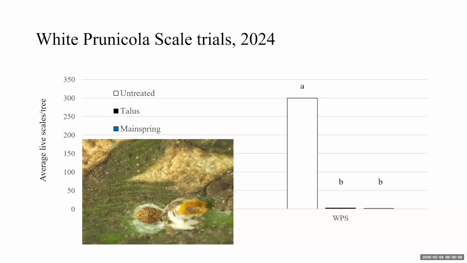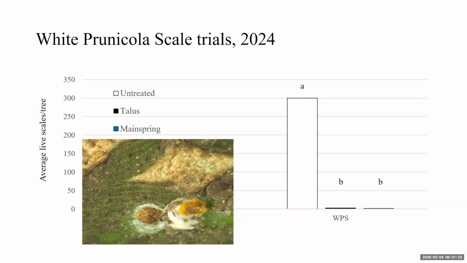We did a treatment two summers ago, looking at aerial applications with a drone in a nursery, and we compared Mainspring to Talus. What we found when we flipped over covers, counting live and dead, was that the untreated had over 300 establishing and growing scale insects per tree, and we had less than 10 in both the Talus and Mainspring applications.